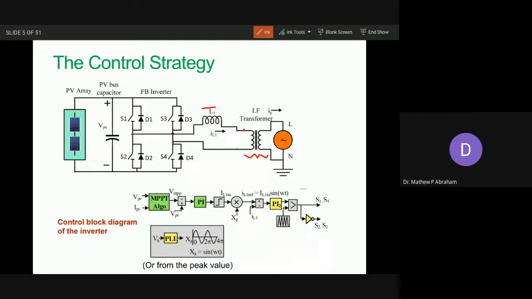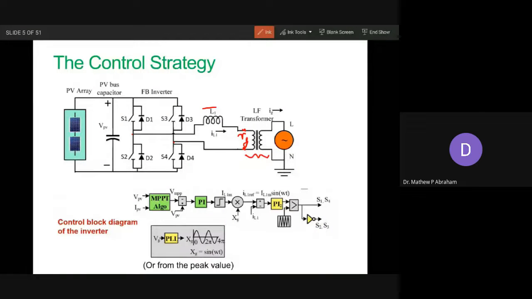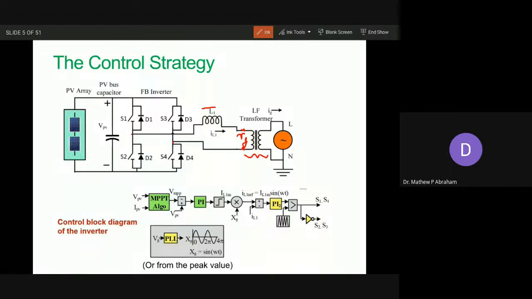So the transformer primary or secondary, whatever it is, this point will be acting as the grid point, and this is acting as the grid voltage VG. So this forms the power diagram, and we have to implement the control part of it. So the lower part is the control block diagram.